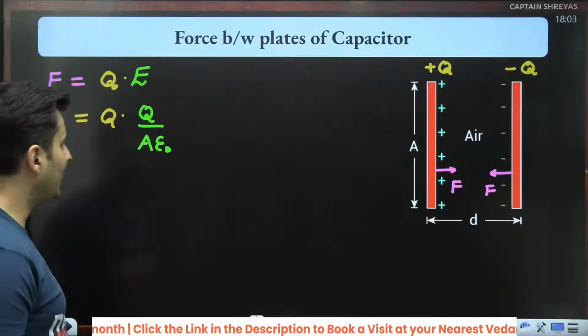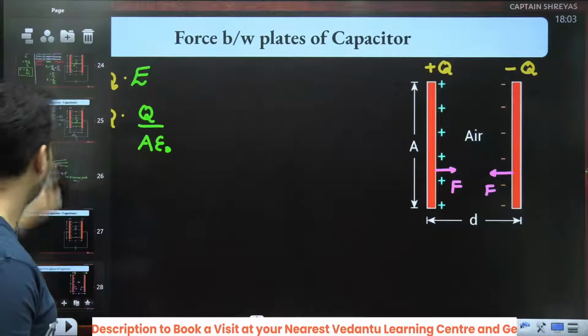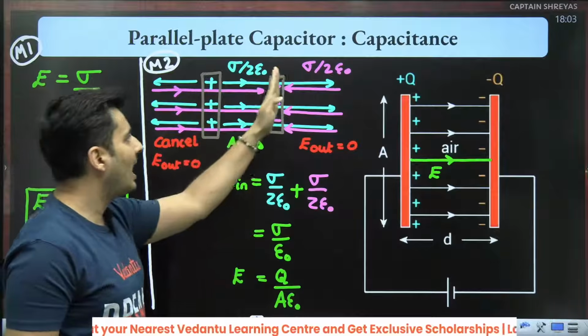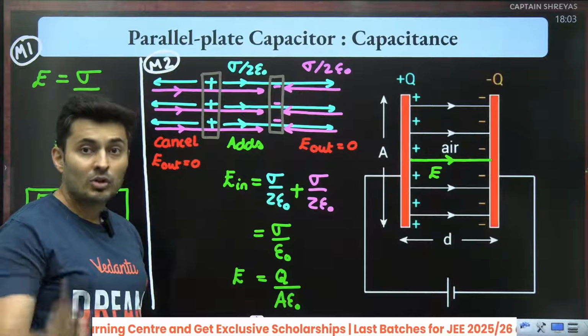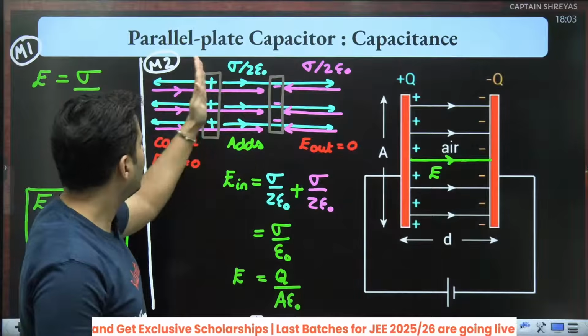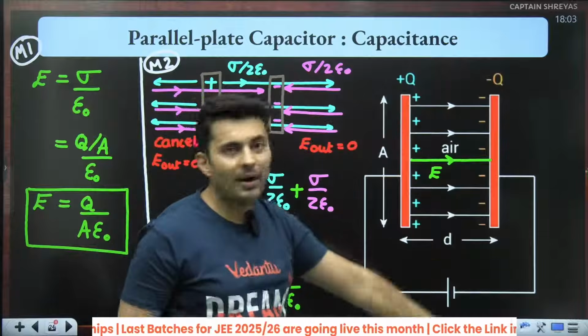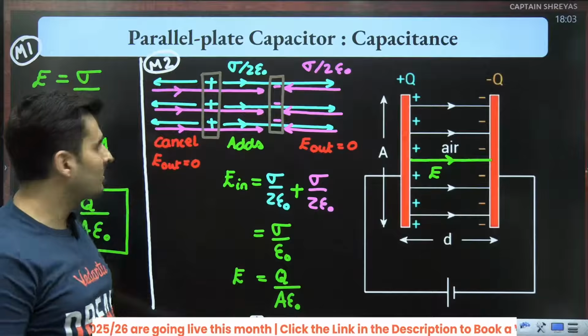So, understand over here, when I wrote this field as q by a epsilon naught, I hope you remember, we calculated it because of this as well as this. Both their contributions were there. So, I need to only consider one of their contributions, either due to this side or due to this side, basically the field due to the other set of charges.